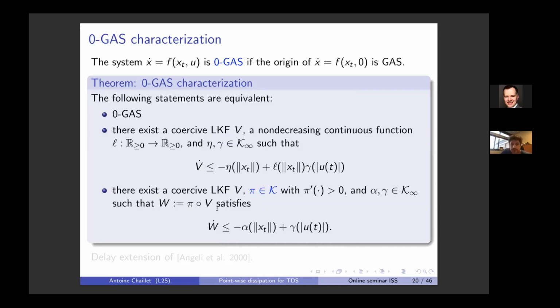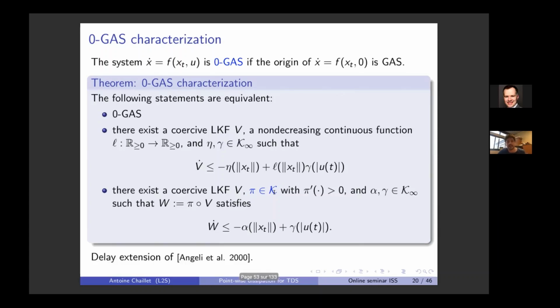It's not proper, but its derivative now looks very familiar: a negative term in the history function plus a positive term in u. Of course, if pi was K infinity, then we would expect this to show integral ISS, and we know that zero-GAS in general does not imply integral ISS. So the fact that pi is allowed to be only a class K function is important.